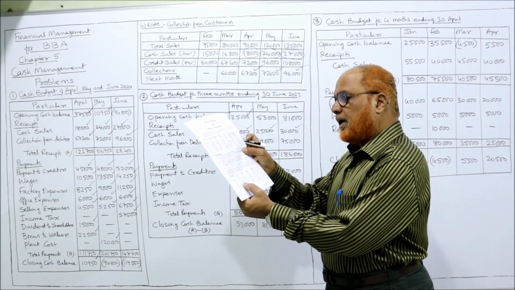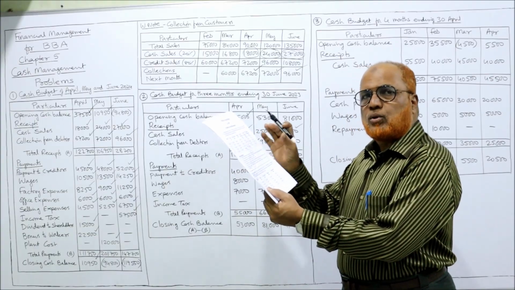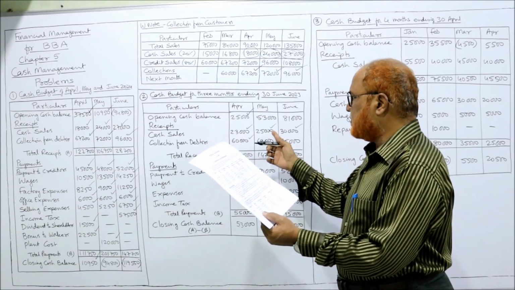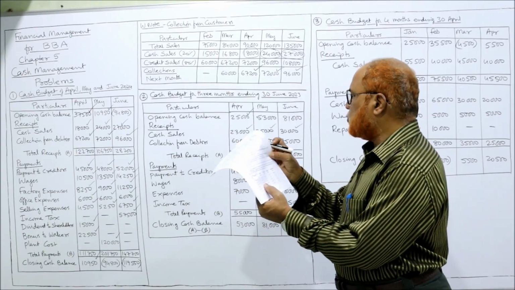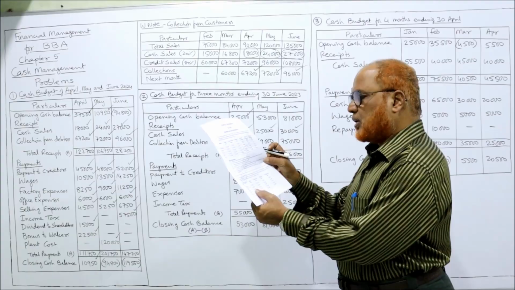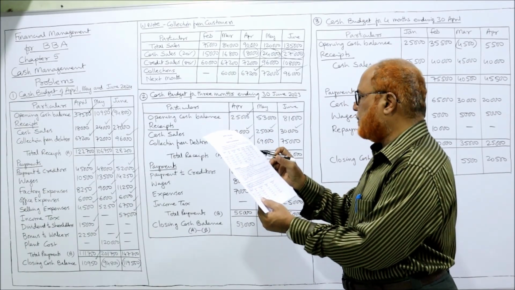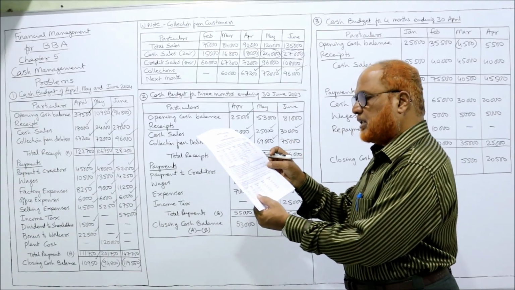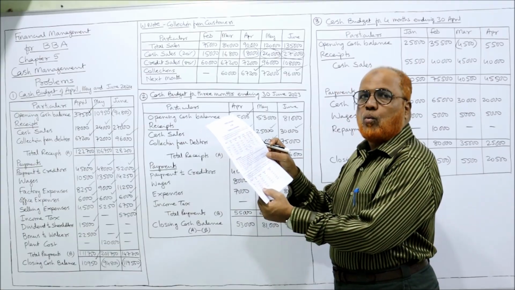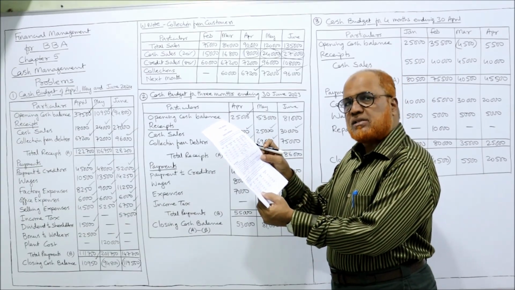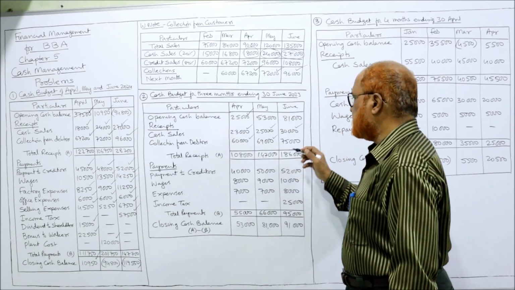Similarly, April 92,000. 25% of 92,000 we already got. The remaining 75%, 69,000, will be collected in May. May's 1 lakh: 25% of 1 lakh we got. The remaining 75,000 we collect in June.